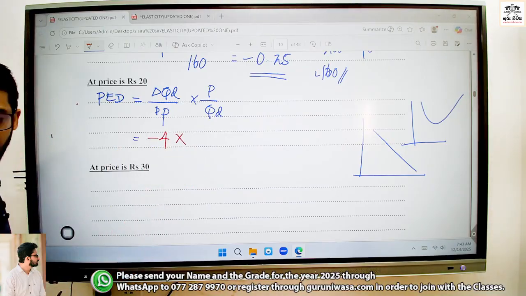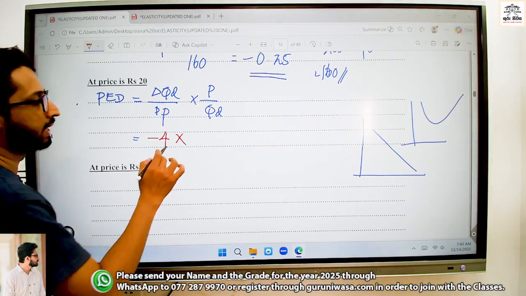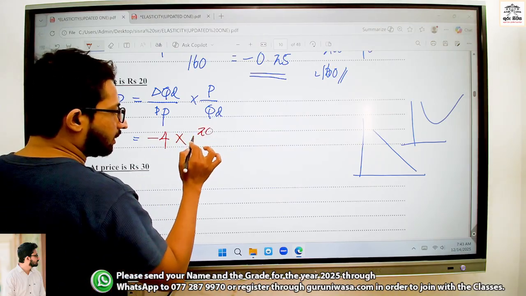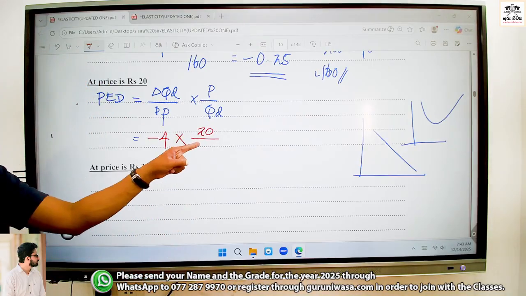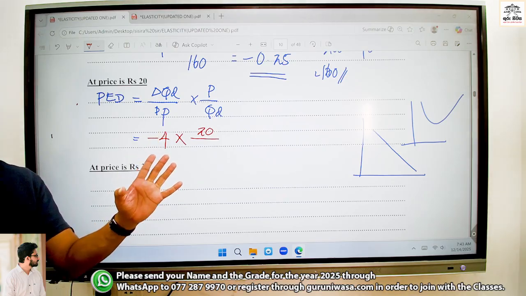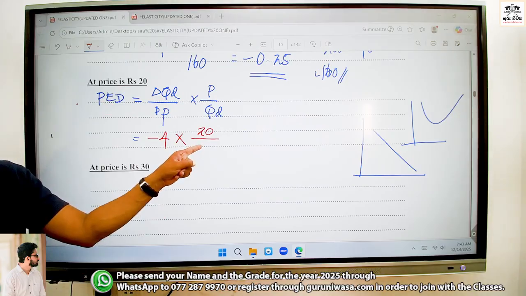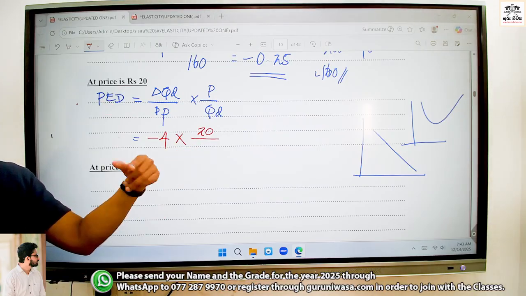Into, now I am calculating price elasticity of demand at price 20. Here you need to substitute quantity demanded at price 20, not at price 10. To calculate quantity demanded at price 20, use your equation.